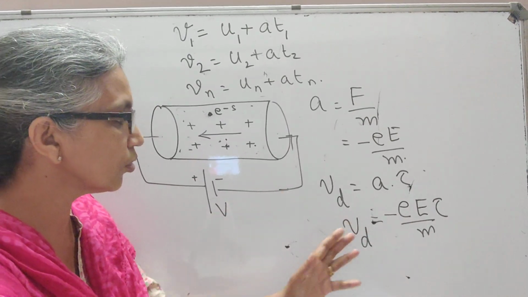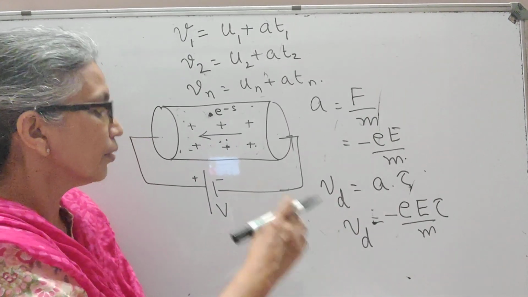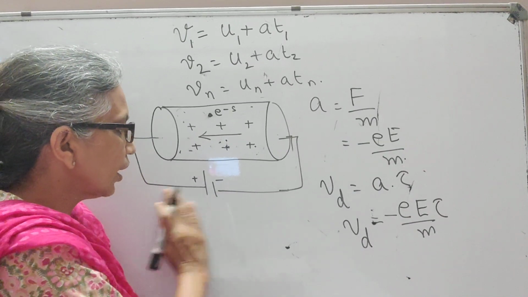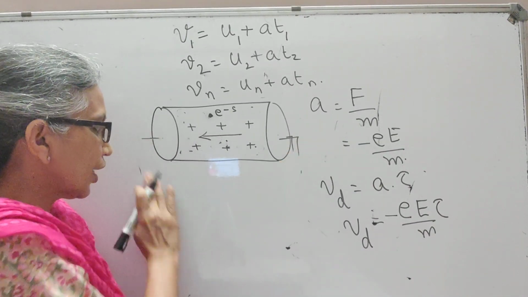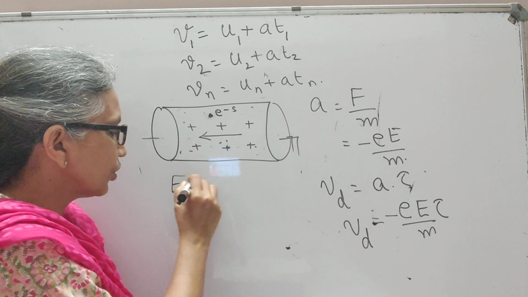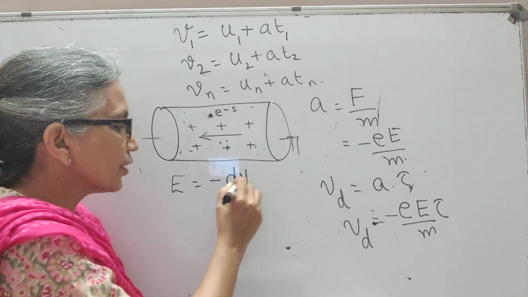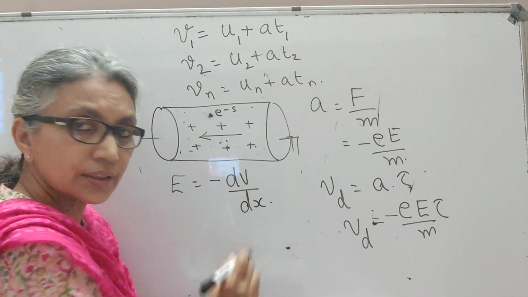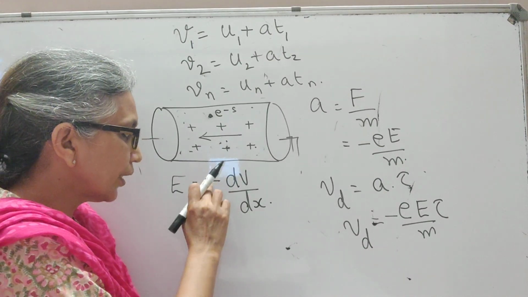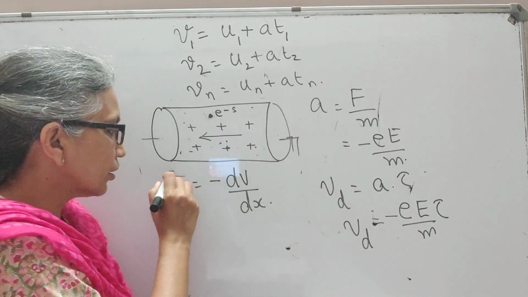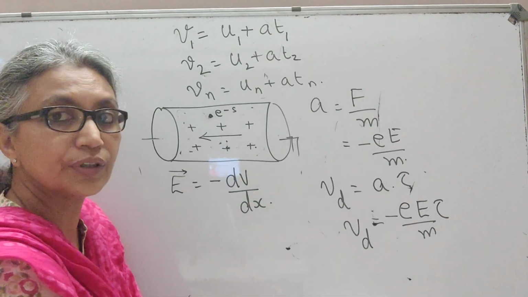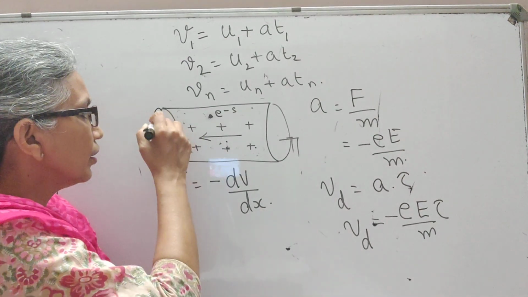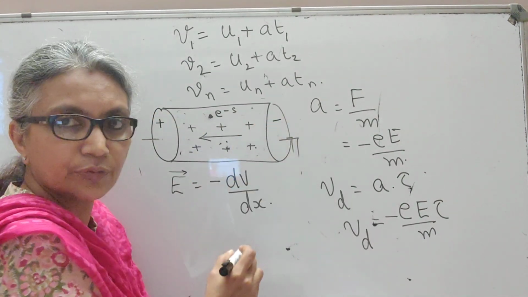Now you can also have another formula for this, because I already taught you in the second chapter the equation which tells you the electric field is minus dV by dx, where the negative sign tells you that the electric field is in the direction of decrease in potential. That is, this was the positive end, this is the negative end.